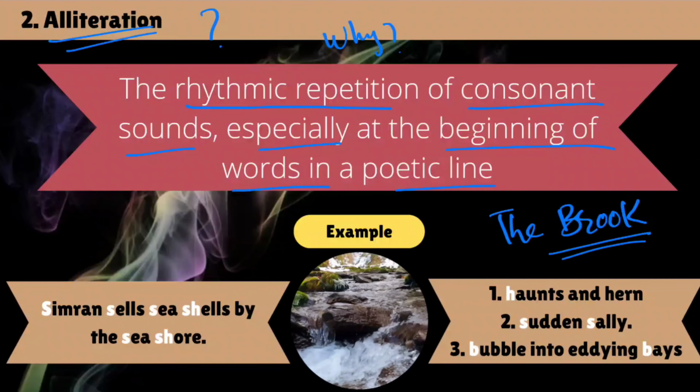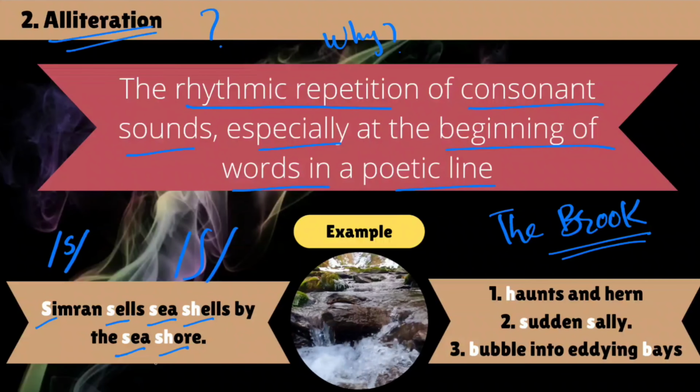So the example goes like this: Simran sells seashells by the seashore. In this poetic line, the poet has repeated sound S and sound sh, right?